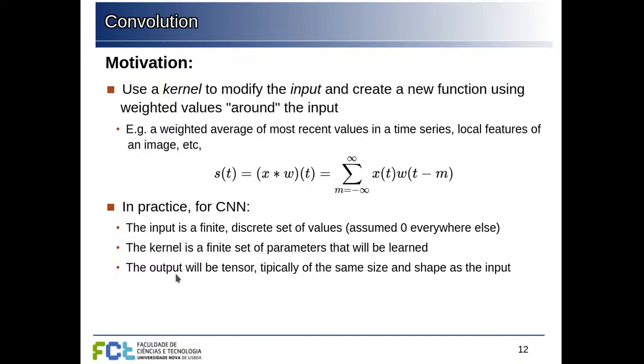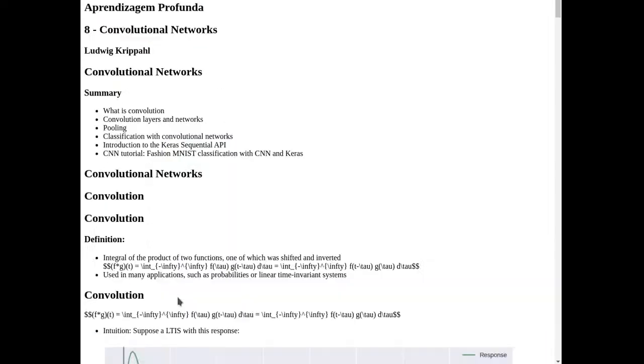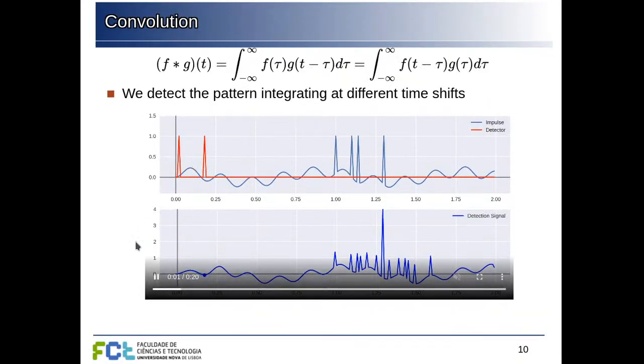The output will also be a tensor, and depending on the padding and things, which we're going to look at in more detail in a while, in general it will have the same shape as the input, because we are sliding our kernel over the input. Imagine that this was a vector with all these values of the signal, the vector that was input into the network.